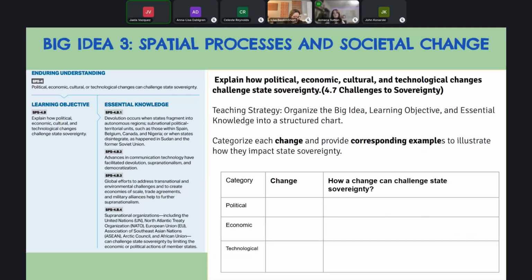I've done it both ways. Both ways are very helpful. But the essential knowledge, if you see here, this is devolution, this is where we have all those case studies, Belgium, Spain, Canada. So there's a lot of content here. Here we have the supranationals in this essential knowledge. So putting it all together is very, very helpful. If you go to the next slide.